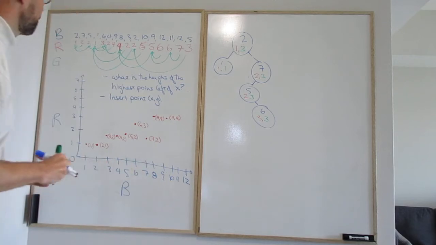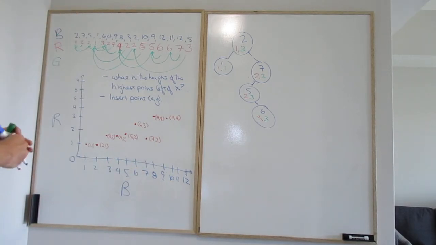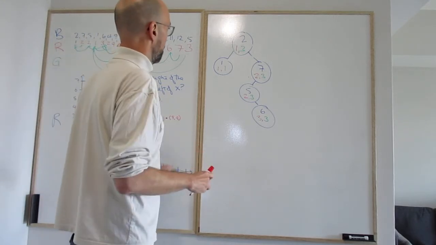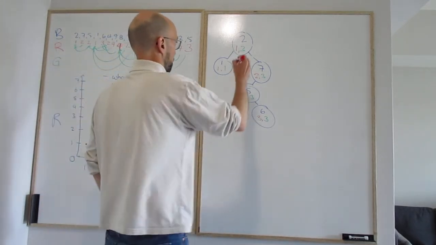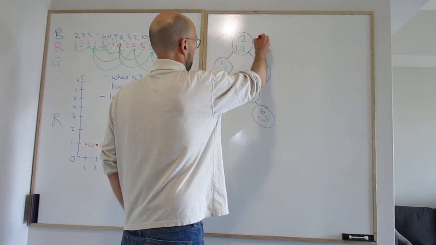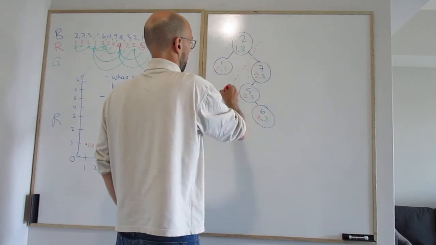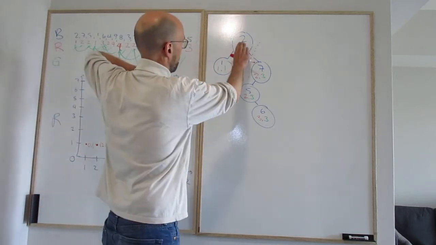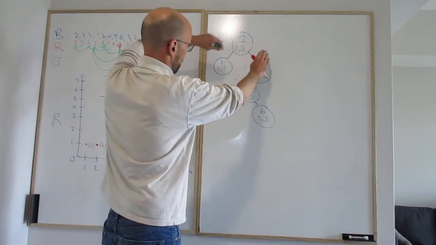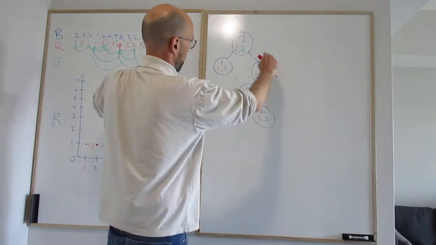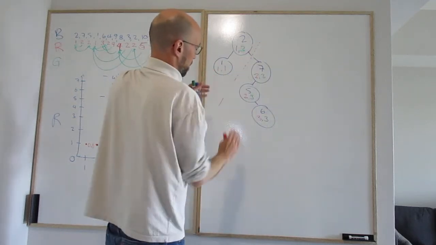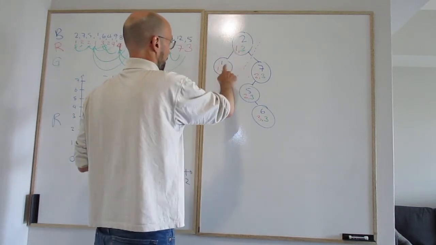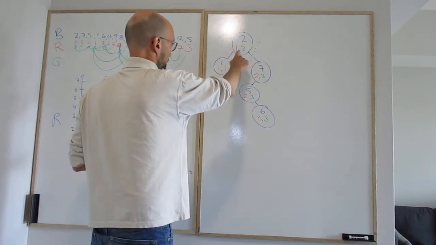Okay. So now 4. What is the part of the tree that is less than 4? Well, it's this. So we don't look at the green 3 because the green 3 is the max in the whole tree, and this part of the tree has stuff bigger than 4. So we look at the red 1.